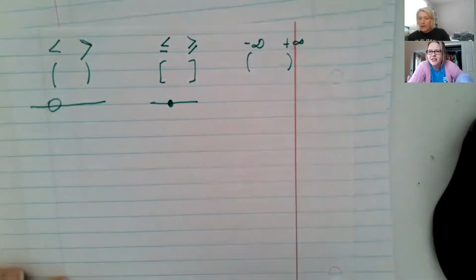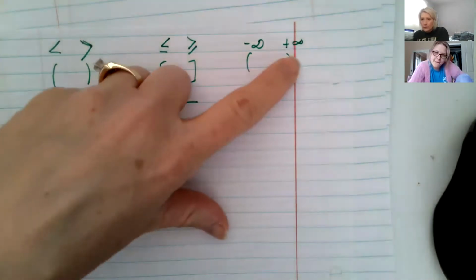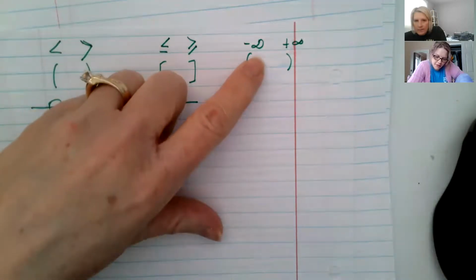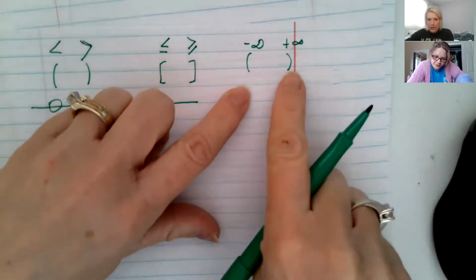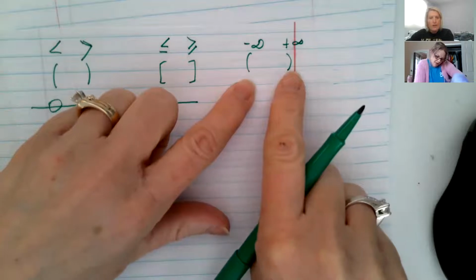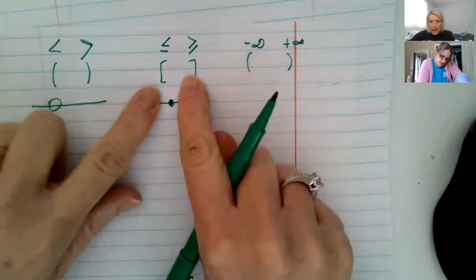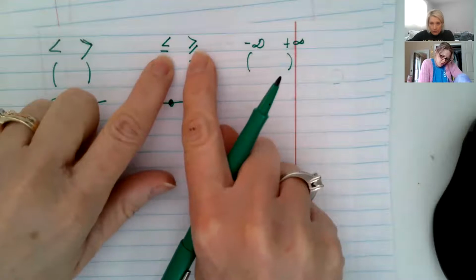Repeat that again, please. The infinity symbols always get an open parenthesis. Every time. So the only thing that gets a bracket is when it's included.